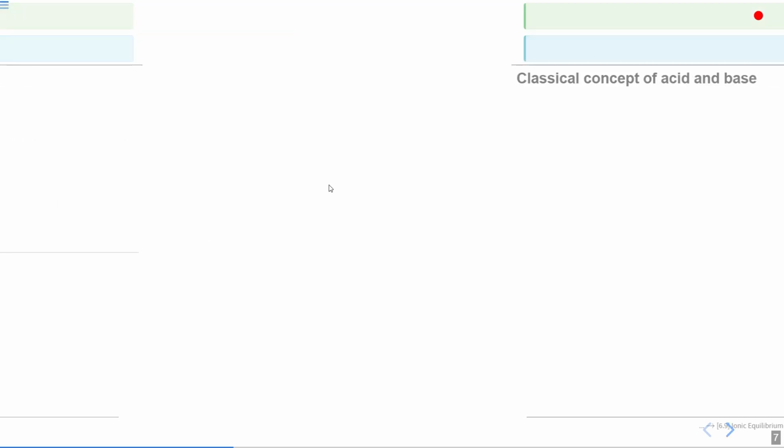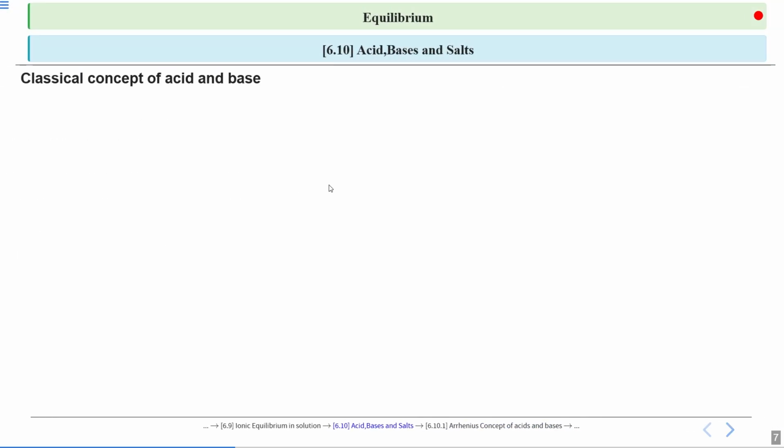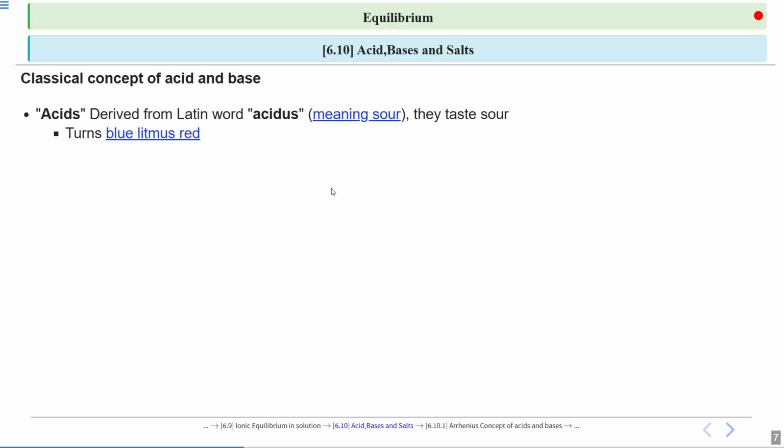So first, let us look at the classical concept of acids and bases. How do we derive it? It's very simple. The word acid is derived from the Latin word acidus, meaning sour. So if the substance you are given tastes sour, you call it an acid. What is the second characteristic it will show?